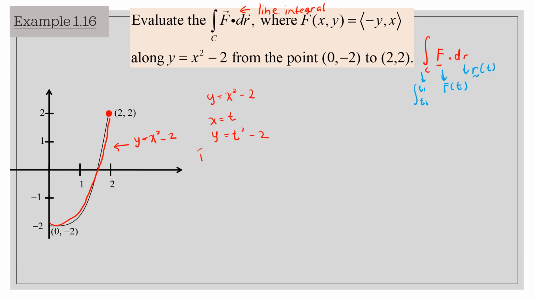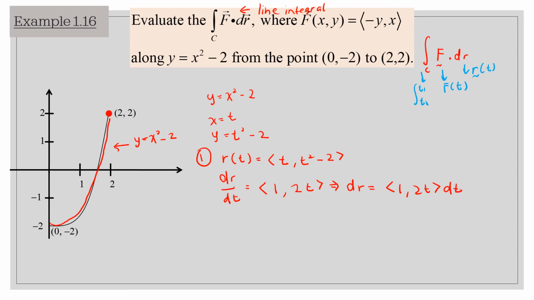So from this information, we know that r(t) equal to (t, t squared minus 2). So we can get the dr/dt. So differentiate t, we will get 1. Differentiate t squared minus 2, we will get 2t. So dr equal to (1, 2t) dt.